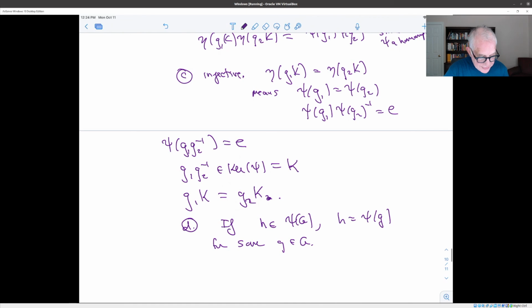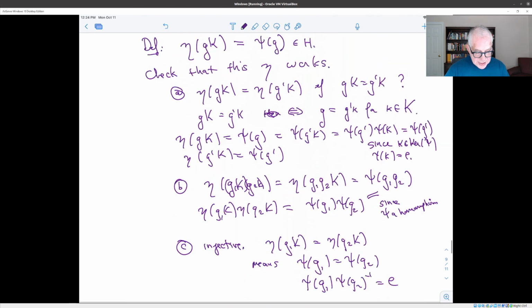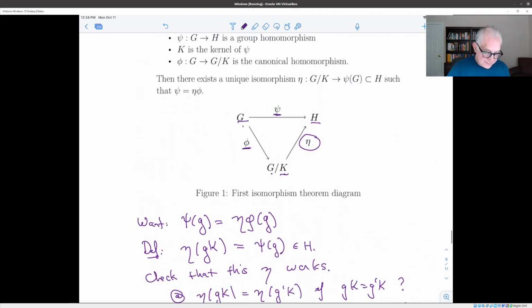And if h is psi of g for some g, that means that eta of gK is psi of g, which is h. So h is in the image of this map. So when you put all this together, you see that you can find this eta, and then it has all of the claimed properties.